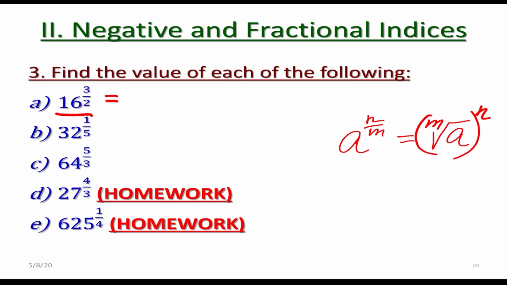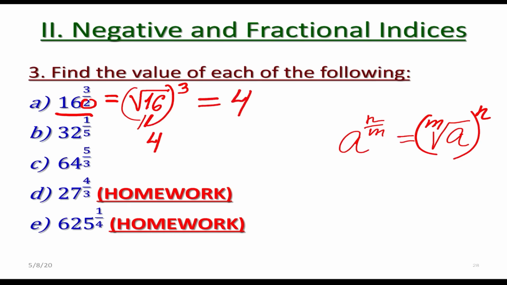And particularly for these problems, I'm going to use these pieces of that given formula. Remember, the bottom number takes the root, in this case the square root of 16, and the top number raises the value to this power.